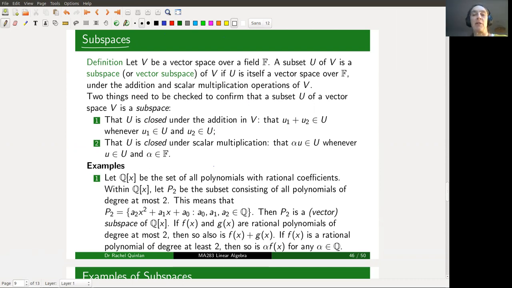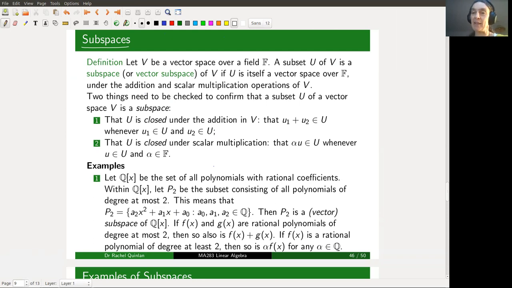So an example to think about here is the one we just looked at. Within the space of all 2 by 2 real matrices, which includes every 2 by 2 real matrix you could write down, we have the vector subspace consisting of those examples that are symmetric, so equal to their transpose, and have trace 0. So the sum of their 2 diagonal entries is 0. And it is true that if you take 2 elements of that subspace and add them together or multiply them by scalars, you're still inside the subspace.